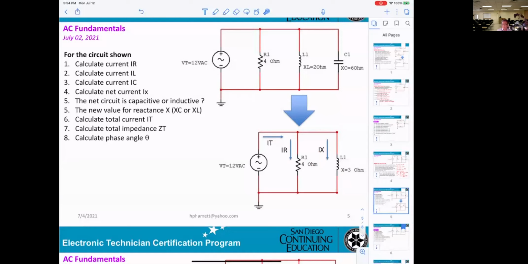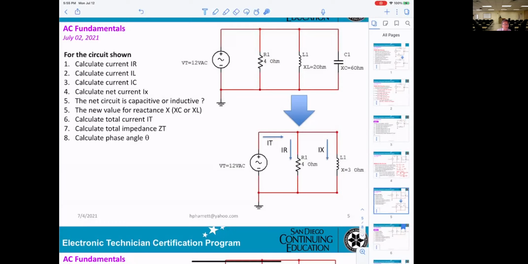If you don't remember the formula, go back to RL in parallel and you're able to get the formula. Okay, that will help you to calculate the total current of the circuitry. And if you want to calculate the total impedance, then you take the total voltage divided by the total current.